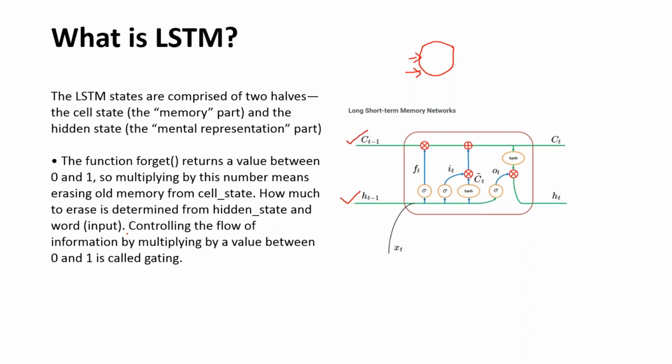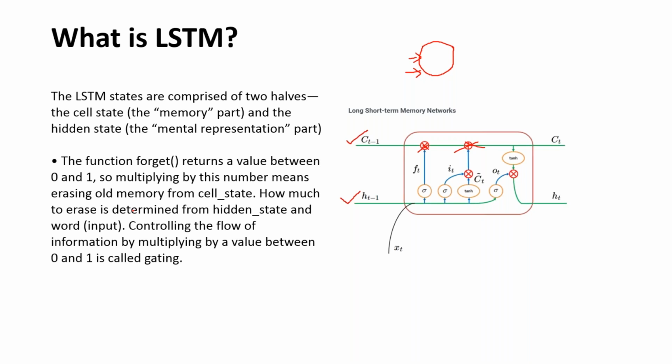Based on the word input and the hidden state we decide how much to erase. Controlling the flow of information by multiplying by a value between 0 and 1 is called gating, and this is where we apply a gating mechanism. LSTM first introduced this gating technique.